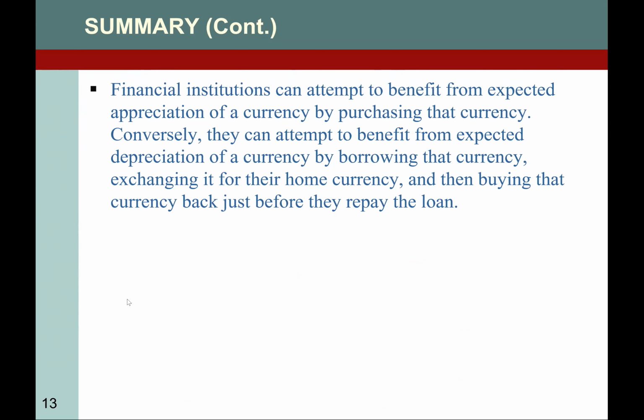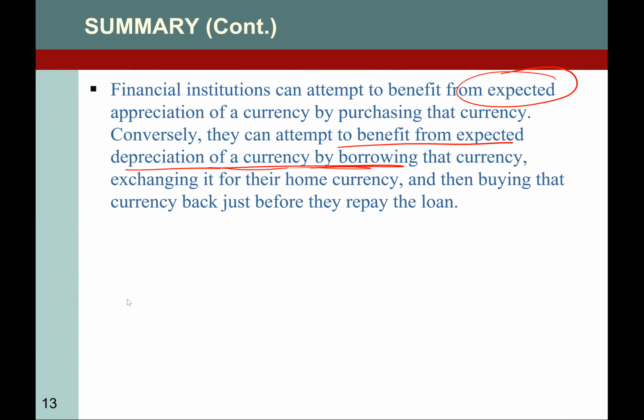Then the financial institutions can attempt to benefit from expected appreciation of the currency. Look at the word expected, in which we talk about expectation, and expectation can be on the basis of your judgment through your analysis or on the basis of speculation. They can attempt to benefit from expected depreciation of the currency by borrowing.